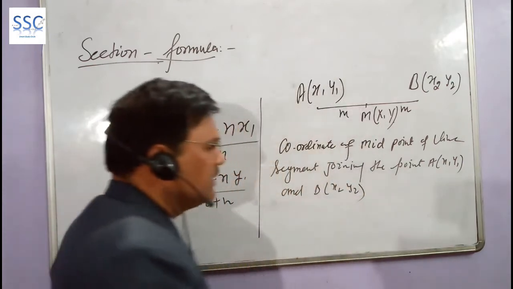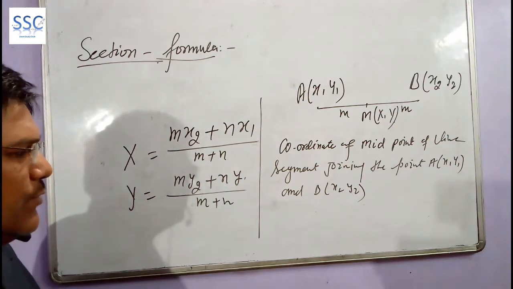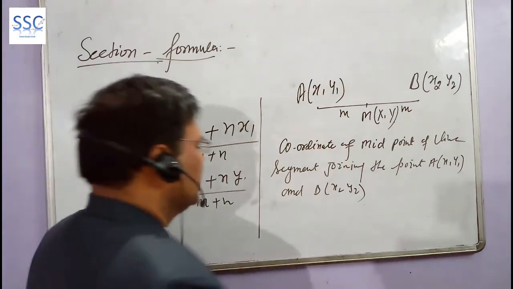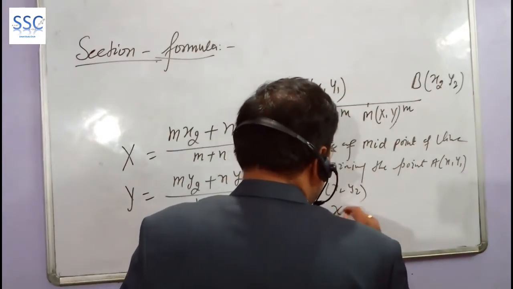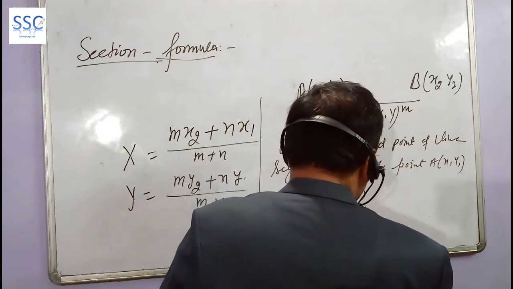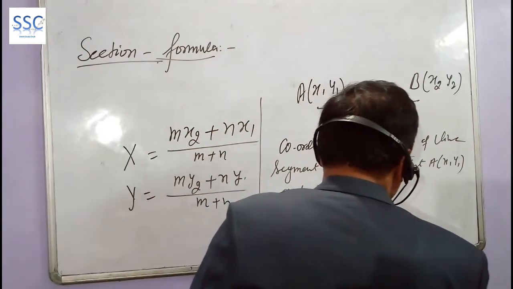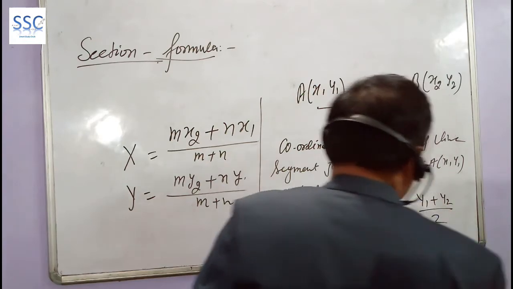We want to find the coordinates of the midpoint joining A (x1, y1) and B (x2, y2). That is, the x coordinate is x = (x1 + x2) divided by 2 and y = (y1 + y2) by 2.